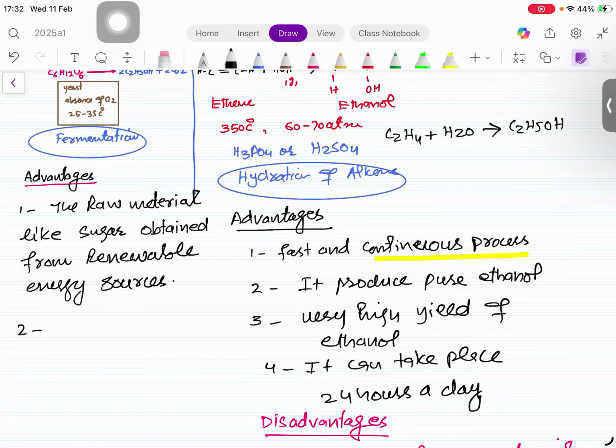Number two, it does not need much temperature, it needs low temperature during the process. In fermentation you do not have to do any heating.